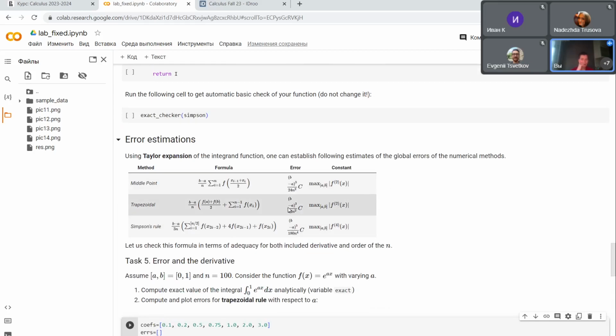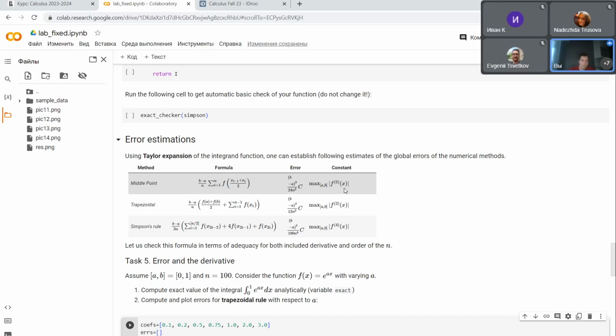Using this table, you can see that Simpson's rule is much more accurate in comparison with the 2 previous ones. Here we can see the size of the error for the middle point rule. It's proportional to (b minus a) cubed over n squared, with some constant like 24 in the denominator, and the maximum of the modulus of the second derivative.